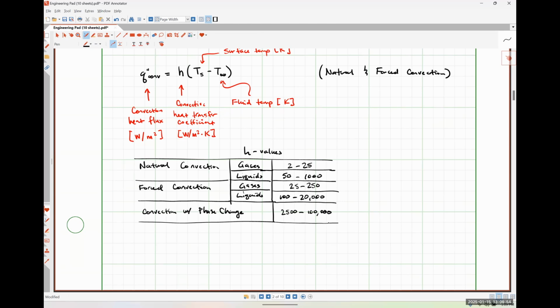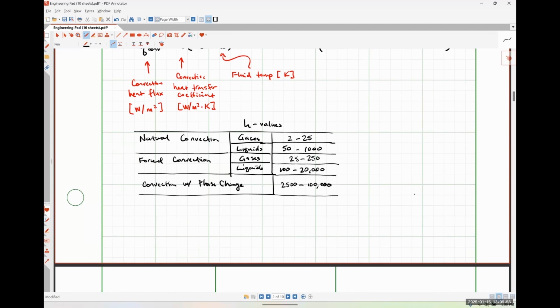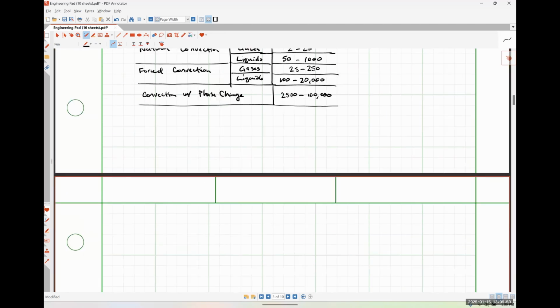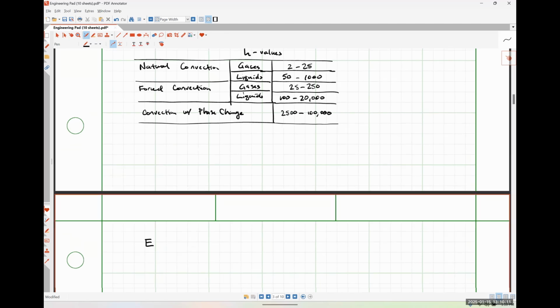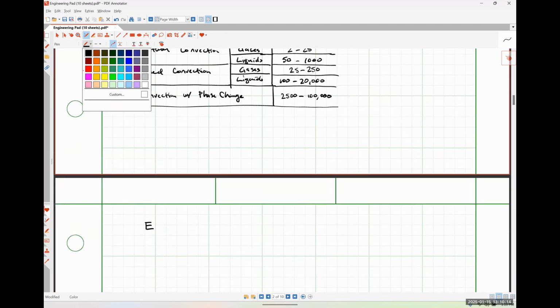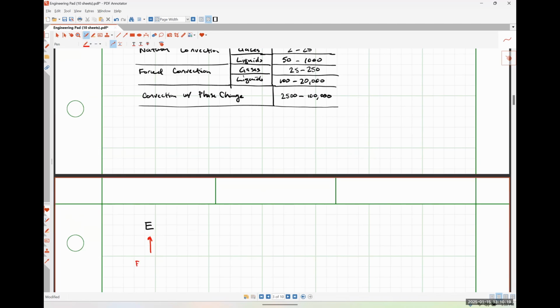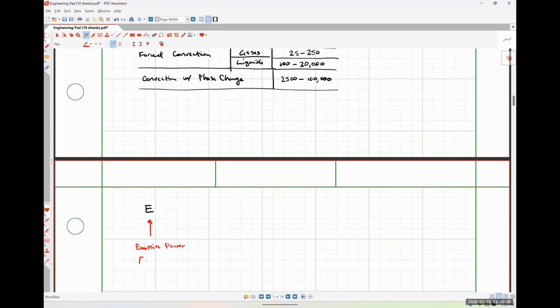And then our last equation, which I'll start on this next page actually. This E is not Young's modulus because of course it isn't. This is our emissive power, measured in watts per meter squared.